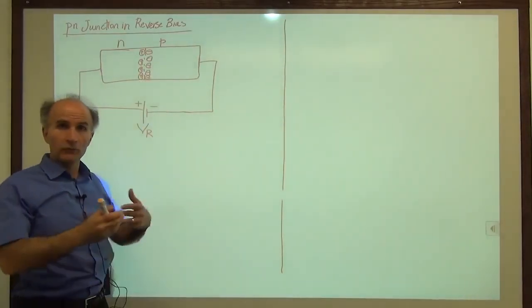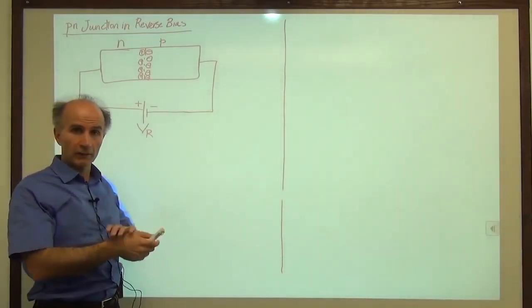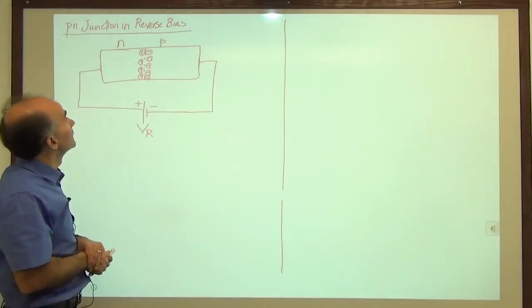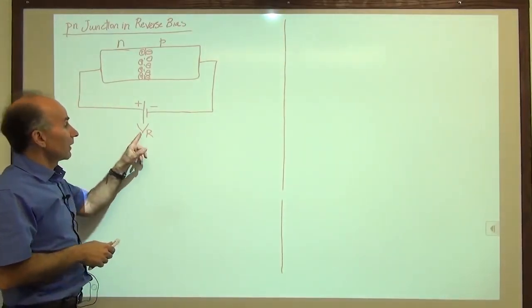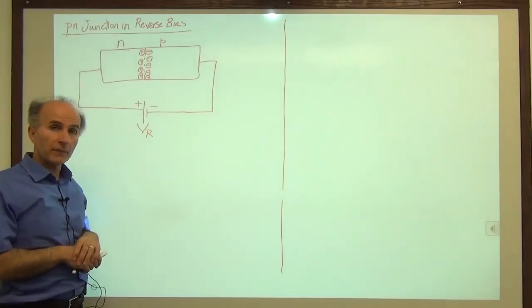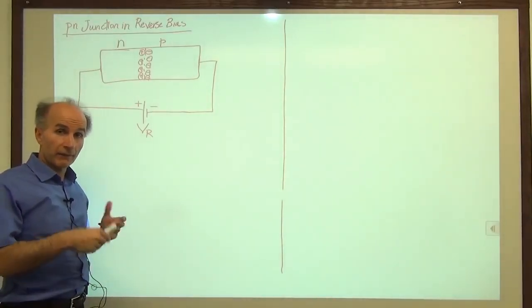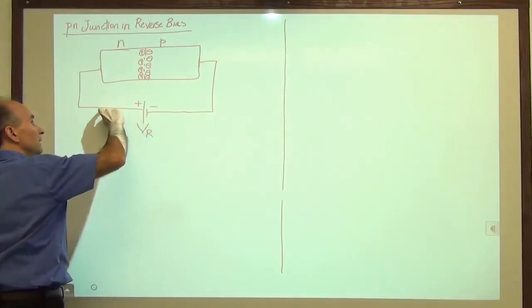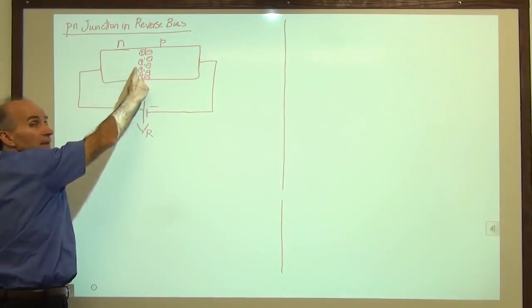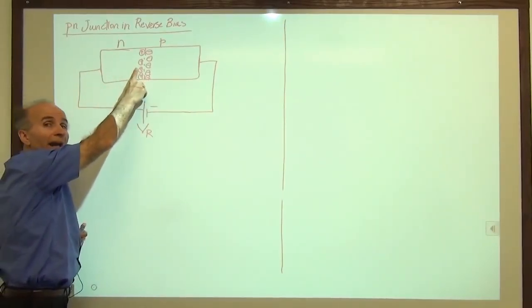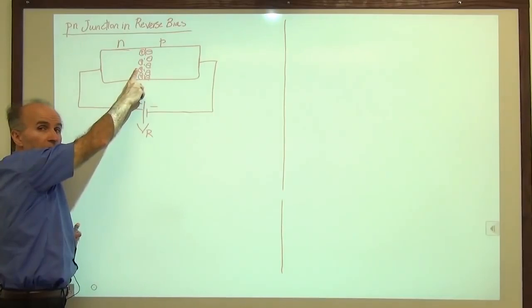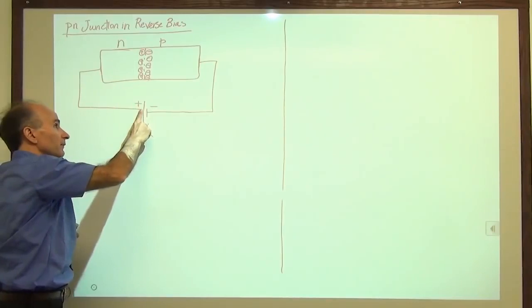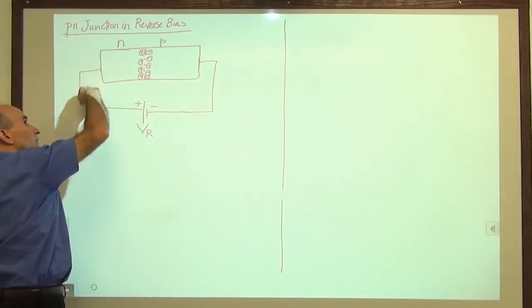Okay, because we had to have an electric field to stop the diffusion of the carriers. But now that we apply a voltage, we are doing something else that affects the behavior of the junction. So this positive is connected here, and it wants to push away positive charge, or it wants to attract negative charge. So this positive terminal wants to attract negative charge.